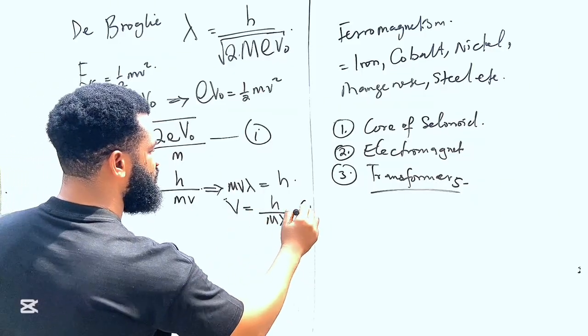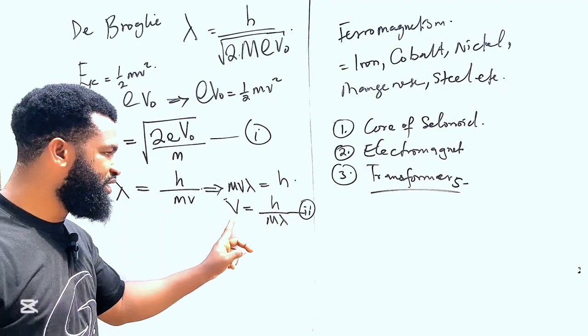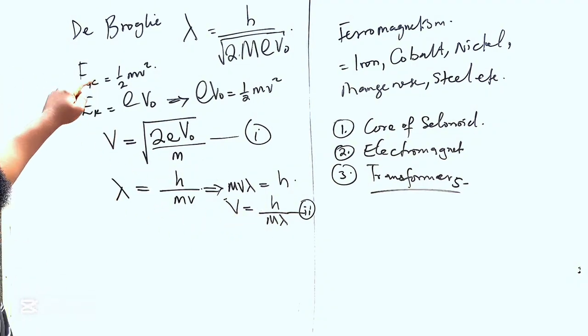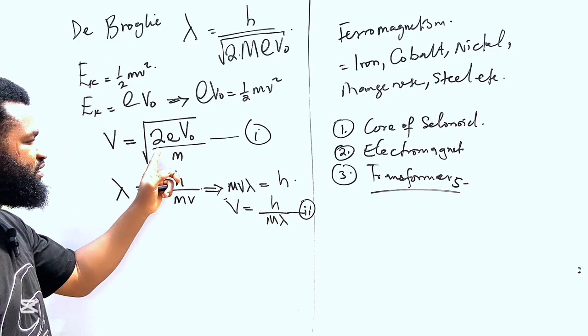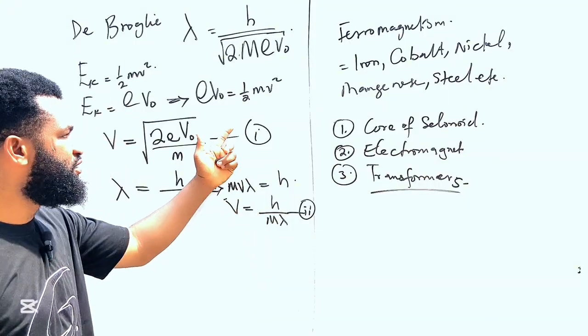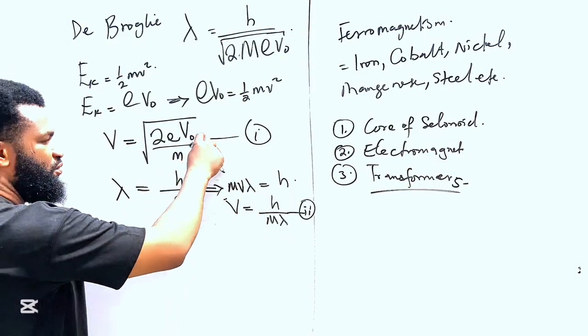This is equation 2. Now, I have that v is this, and I also have that v is this. Since these two are the same thing, I can equate equation 1 and equation 2.